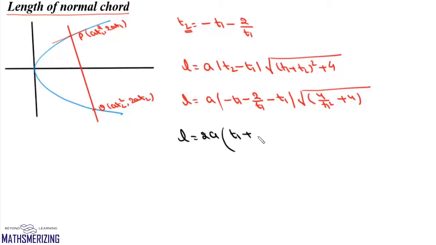It will be 2(t1 + 1/t1), and here again we'll take this 2 common and it will be √(1/t1² + 1).